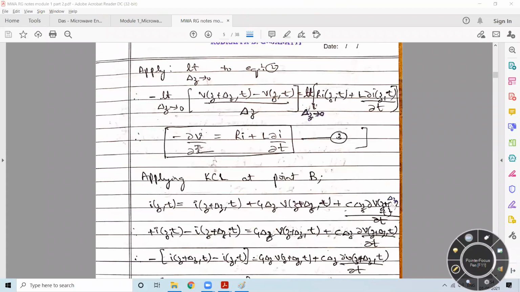Here we have dou v by dou z equal to r into I plus L dou I by dou t. But what is dou by dou t? It is j omega. So we replace dou by dou t with j omega, and it will be j omega into L into the parameter I.